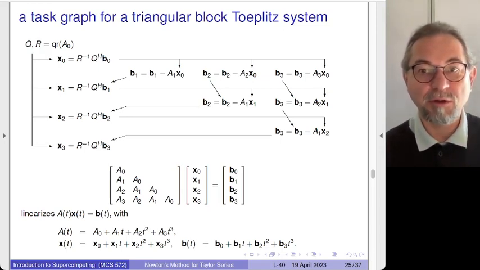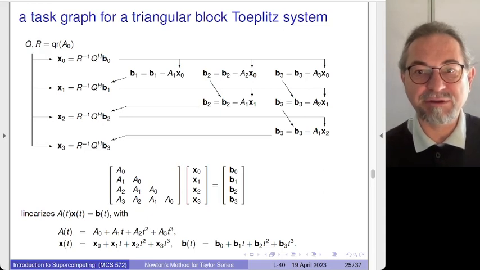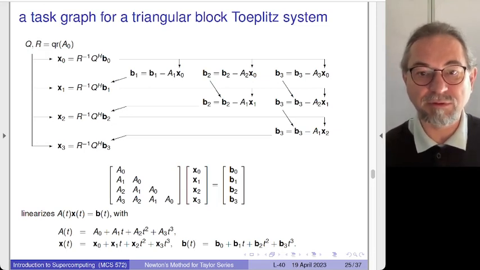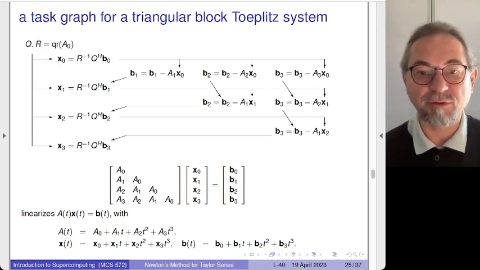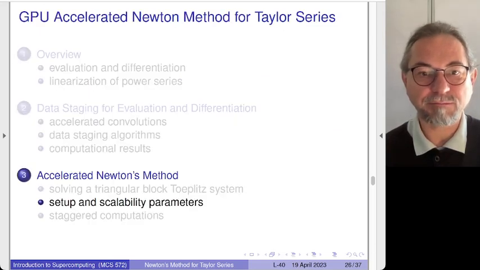So you will launch the kernels to update the right-hand sides. And the dimension should be sufficiently large, because in the last step you only have one matrix vector multiplication. So the size of your matrices should be sufficiently large to keep your GPU fully occupied.